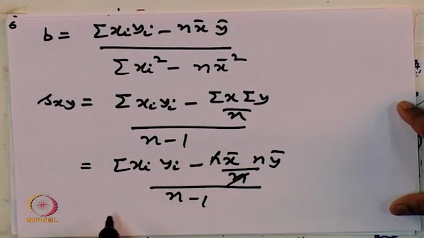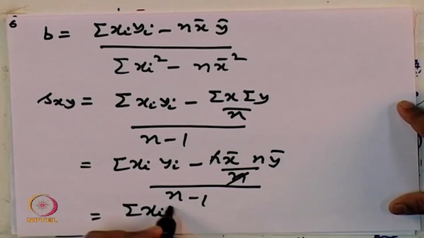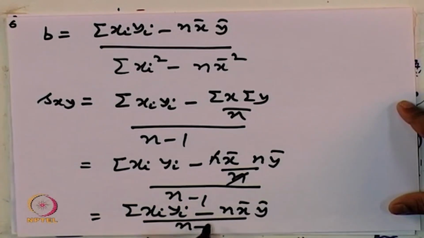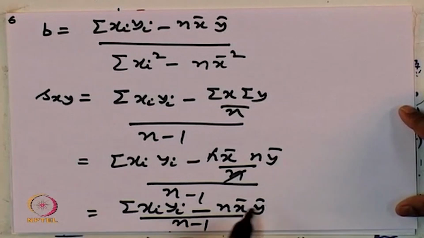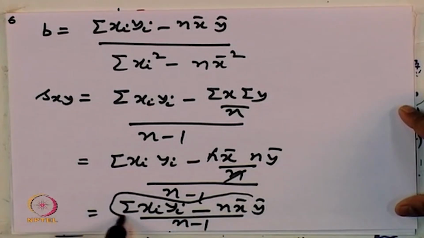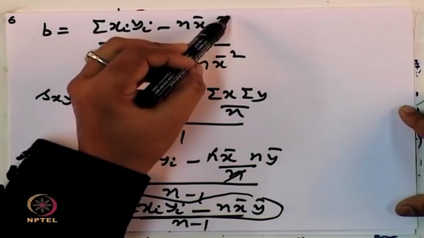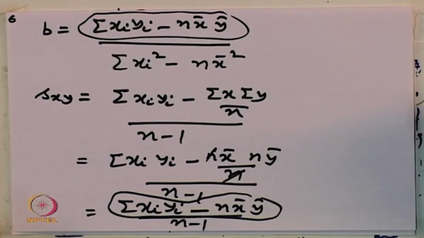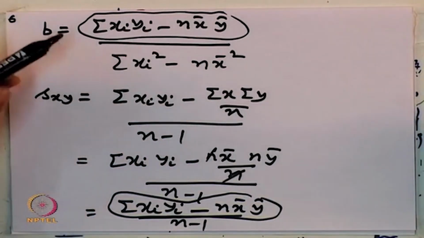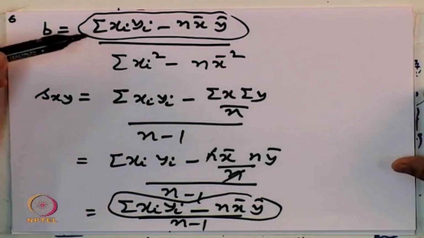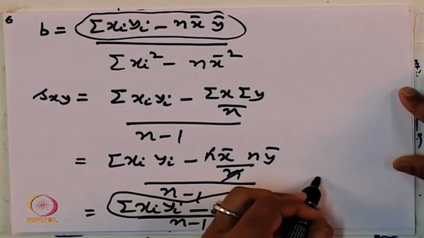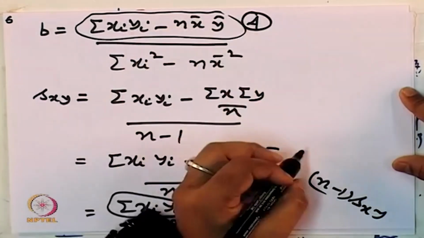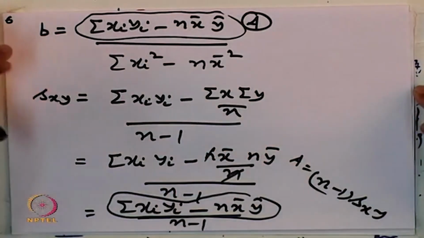So, I can cancel each other out. So, I simply get summation xi yi minus n x bar y bar whole divided by n minus 1. Okay. So, in other words, you see that this whole term is nothing but this whole term here. So, this term is nothing but n minus 1 into s x y. So, if I call it term a, so my a is nothing but n minus 1 into s x y.